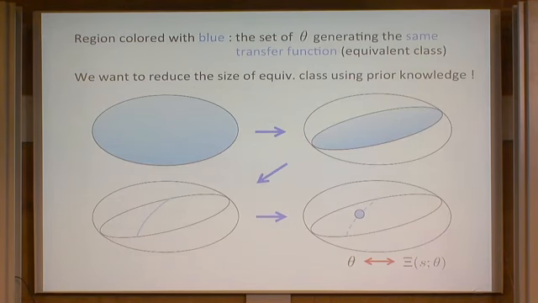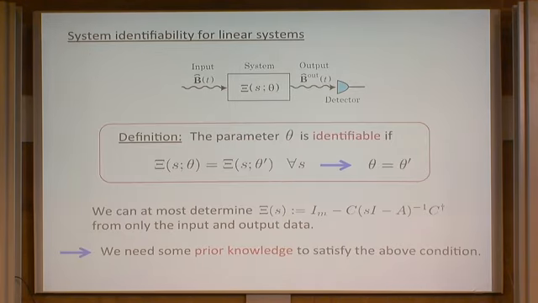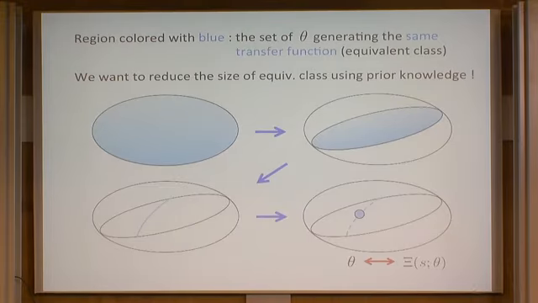Right. So we need some prior knowledge to satisfy the above condition. What is the idea? The region in blue corresponds to the set of theta generating the same transfer function, which is called the equivalence class. If the parameter is here and another parameter is here, then these two parameters cannot be distinguished, so the parameter is not identifiable. So we should reduce the equivalence class using prior knowledge. The first step is that we know the system is a linear passive quantum system, so we can reduce the equivalence class from here to here.